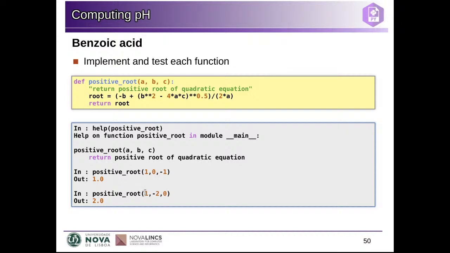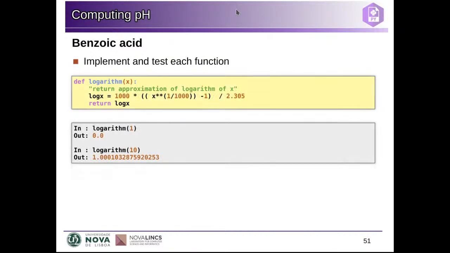And this, if you have x squared minus 2x and 0, then you should have a positive root at 2, because then you have 2 squared here, minus 2 times x, and it goes down to 0. So this is the basic idea: test each function with some values where you know what the result should be, to make sure that the function is giving the correct result.